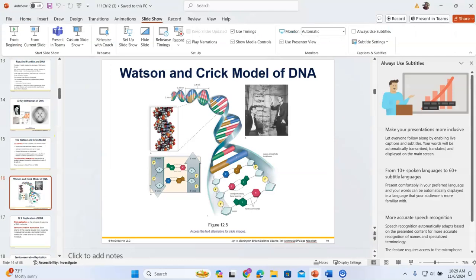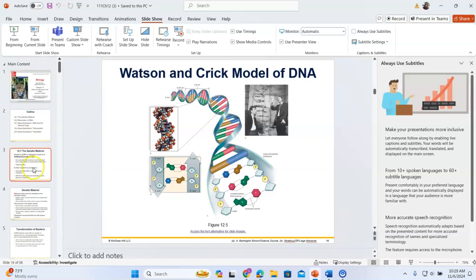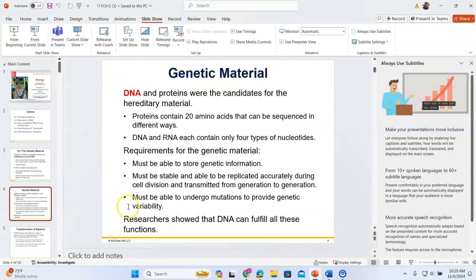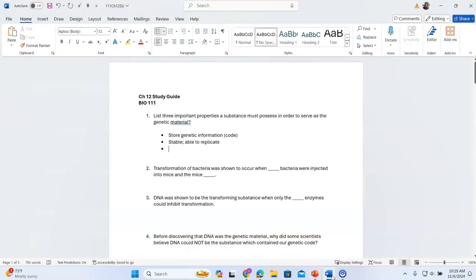It must be able to undergo mutations so that we can have genetic variability.